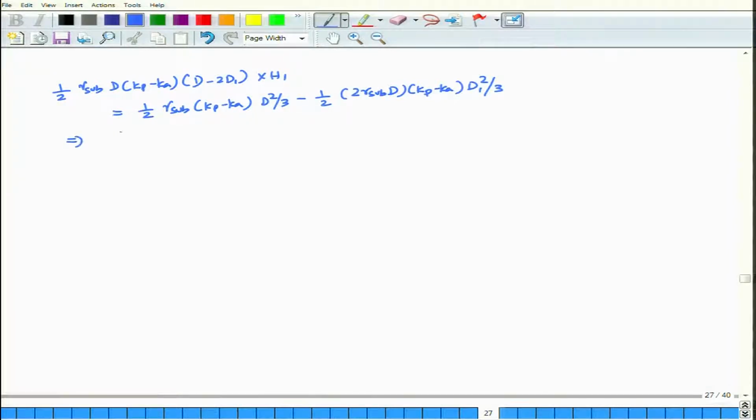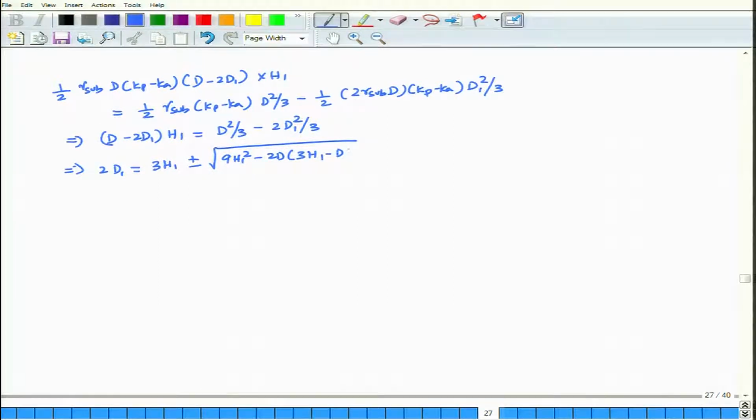That implies, if I solve it further, (d minus 2 d1) into h1 is equal to d square by 3 minus 2 d1 square by 3, then 2 d1 is equal to 3 h1 plus minus root over of 9 h1 square minus 2 d into (3 h1 minus d).